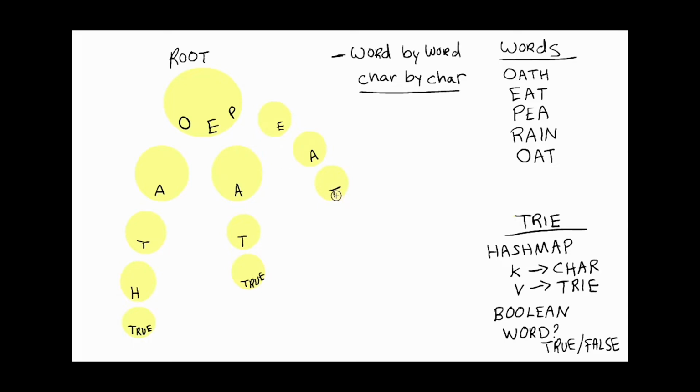Then does T exist here? No, it doesn't, so then we are going to create a new trie, and then that is going to be our current trie. But we are out of characters, so we are just going to write true here.